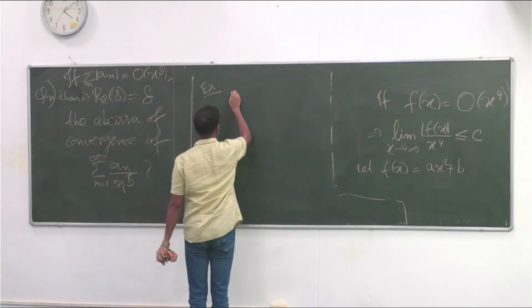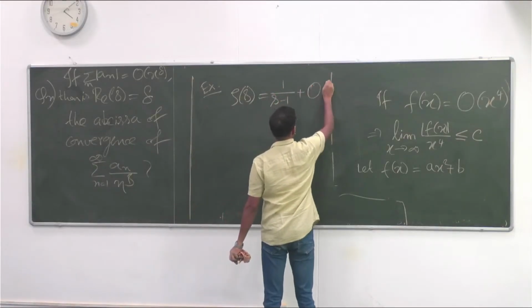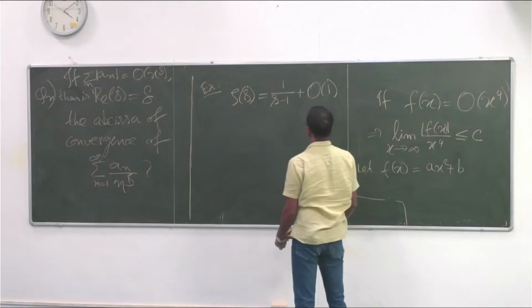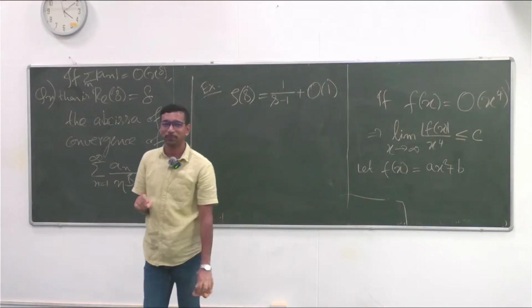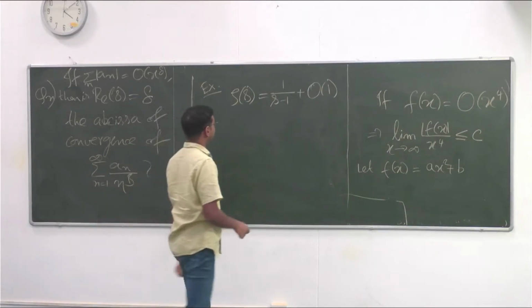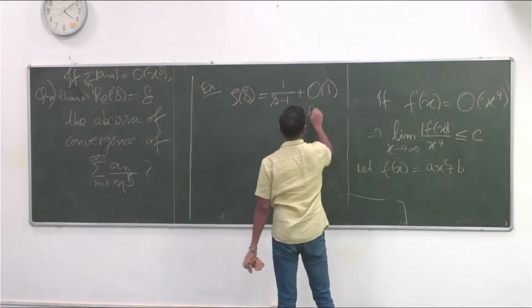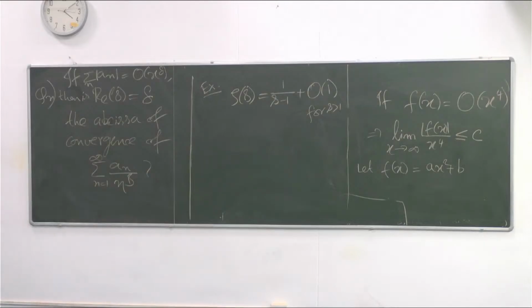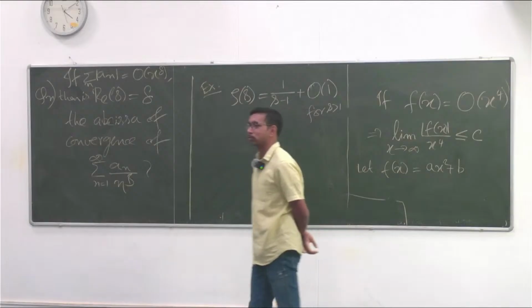The exercise is just to show that zeta(s) is 1 by s minus 1 plus O(1), and also figure out in which range, for s larger than, that's fine. And this should be a direct application of whatever we have done till now.